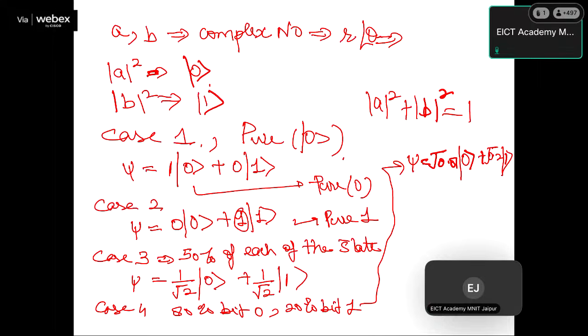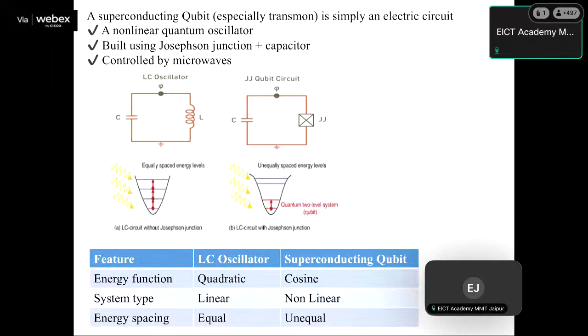Now, if you read about the hardware of quantum technology, these bits are realized through an LC circuit, a modification of an LC circuit. Now, what is the basic LC circuit?